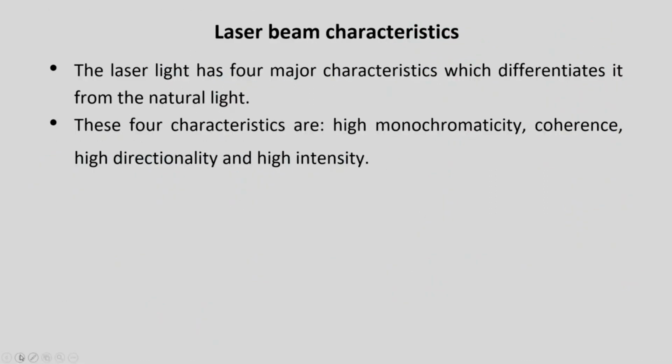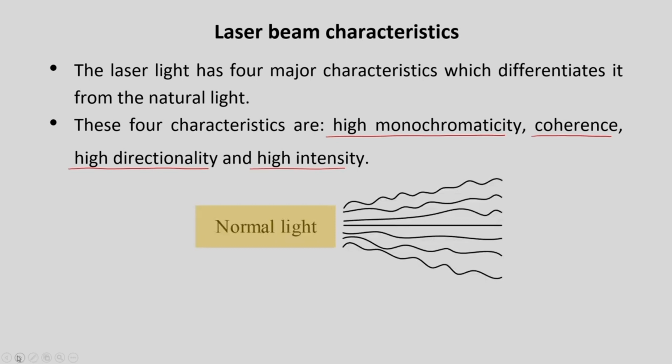The laser beam characteristics: in our previous class also we have seen there are basically 4 important characteristics of the laser beam. First is high monochromaticity, then coherence, high directionality and high intensity. So, let us see one by one these laser beam characteristics.